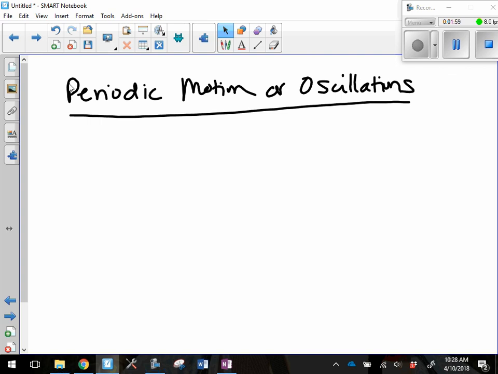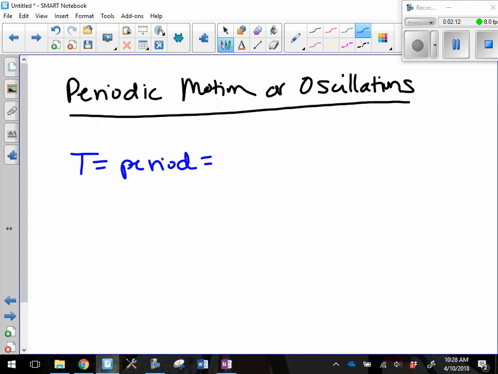or periodic oscillations. So if we're going to be talking about something that repeats itself over and over again, we probably want to talk again about period. Exactly. Okay, which again, just so that we can make sure everybody's on the same page, is the time for one cycle, or one oscillation, or one complete trip, however you want to say it.